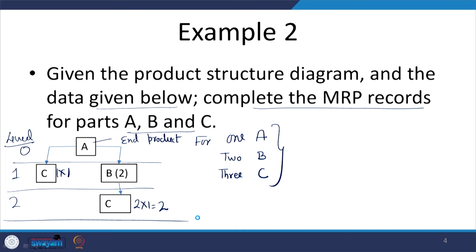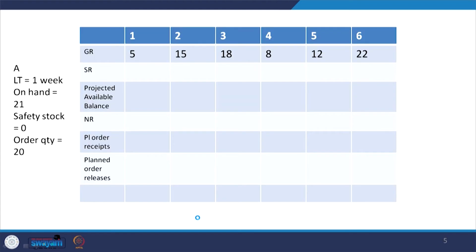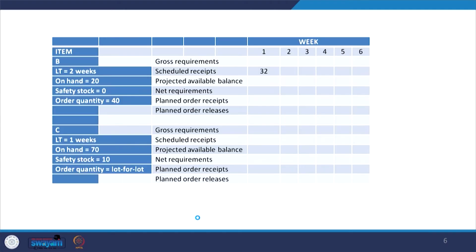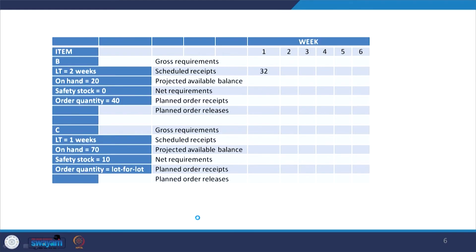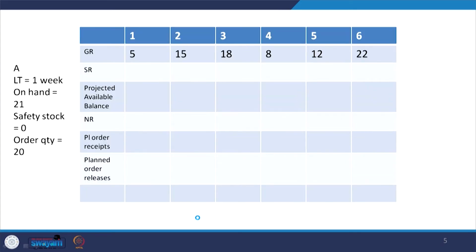So, for making MRP we need to make the complete table of this type for all A, B, C. This is for A, I have made a bigger table, and then you see for B and C we can have tables as well. Now, let us see how to fill that table for A. Here we see the gross requirements in different periods: 5, 15, 18, 8, 12, 22.